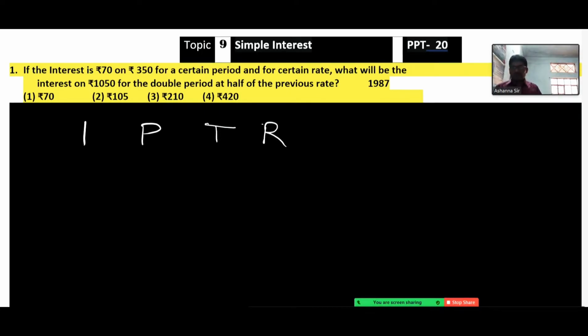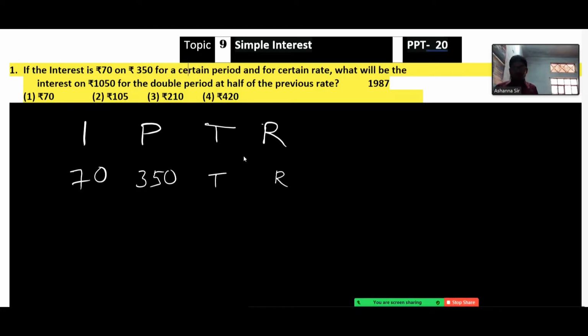Here, if the interest is 70 rupees on 350 for a certain period, means time, certain means T only, and for a certain rate, R only.